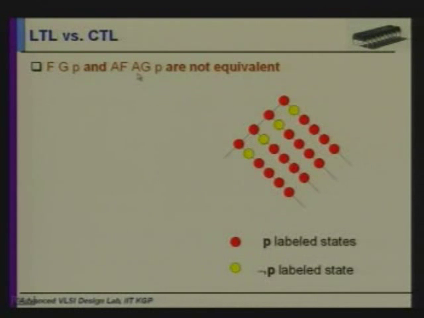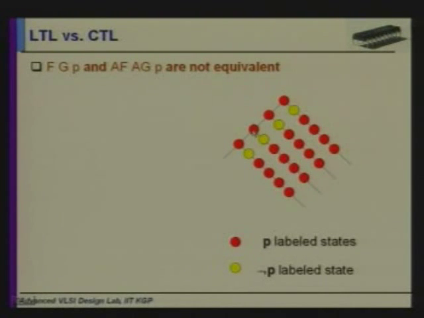Now always future always global P talks about something different. This is a state property, so the truth of this property is associated with this state. From this state across all paths, we will have some state where this always global P will be true. Can you see where it is refuted? Think of this path. What is happening in this path?